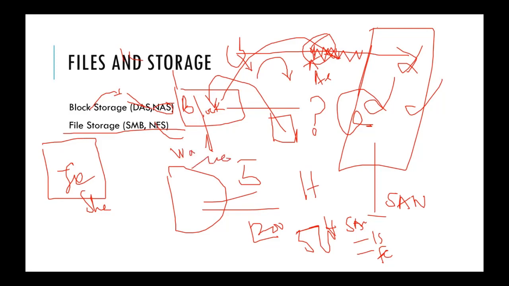Then you have the Server Message Block, the SMB protocol, which is used within the Windows environment. And this SMB uses, is it port 143 or 146? We want to check. Both of them have port numbers they use. I can't remember. So how do you access file storage?